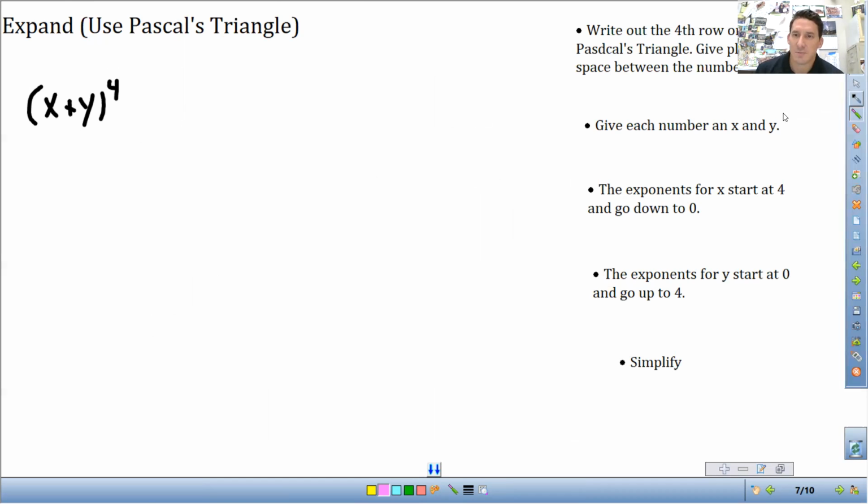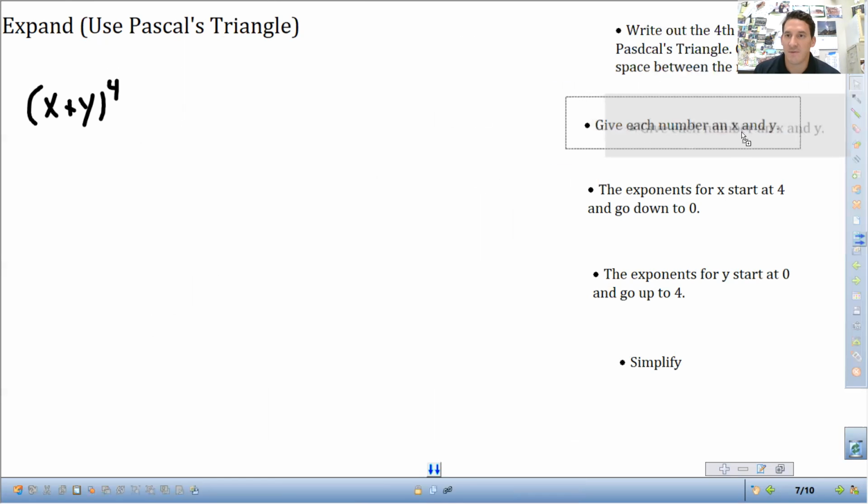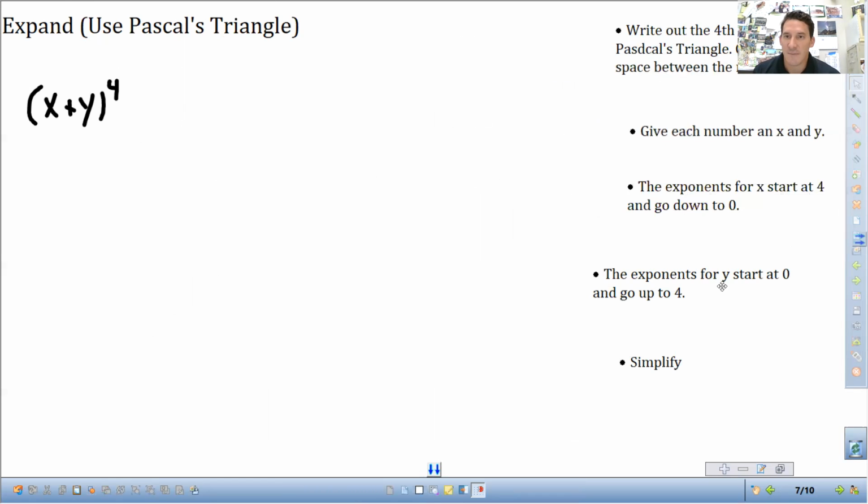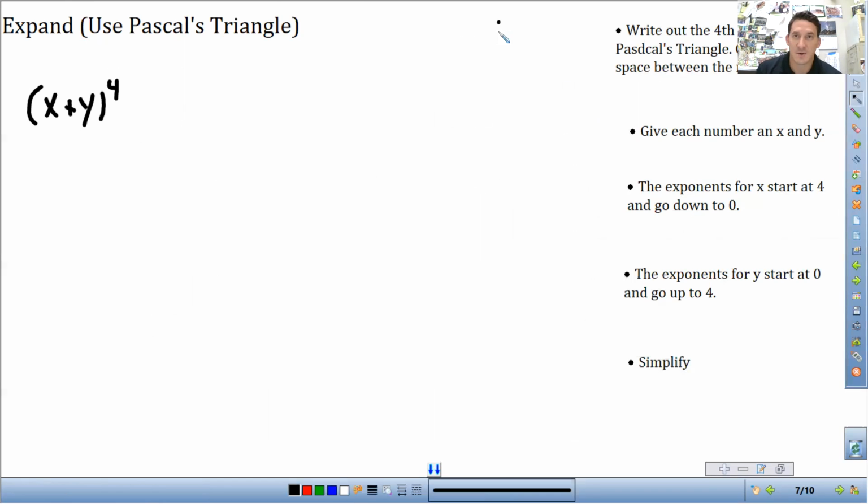So what we're going to do, move this out of the way, we're going to write out the fourth row of Pascal's triangle, making sure we give plenty of space between the numbers. So I'm going to quickly write out the first 4 rows. It starts with 1, 1, 1, and then you add these together. 1 plus 1 is 2.